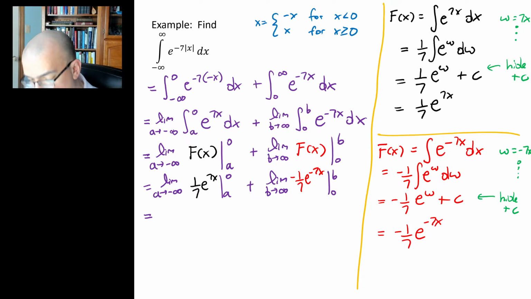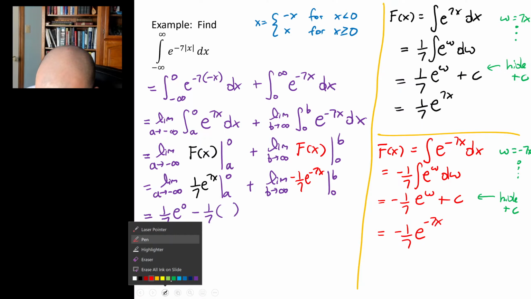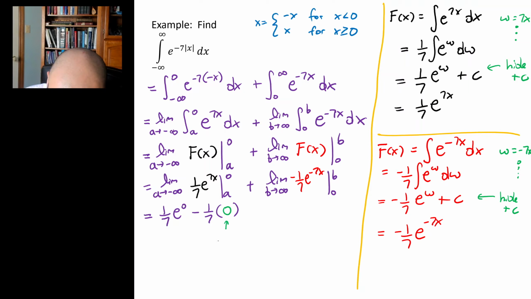Okay, then we're going to take the limit and evaluate. So for the top bound, we get 1 over 7 e to the 0. For the bottom bound, we get 1 over 7 e to the negative infinity, which is 0. And then for the second part, I plug in the top bound, we get minus 1 over 7 times 0.